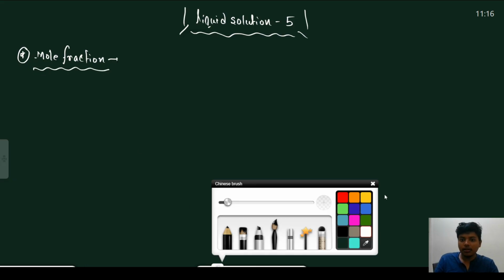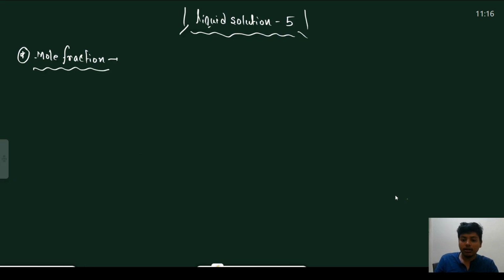Mole fraction. Tell, Asmita, tell what is mole fraction. Number of moles of a particular substance divided by number of moles of the total substance in the solution. Number of moles of the component divided by total moles, right?